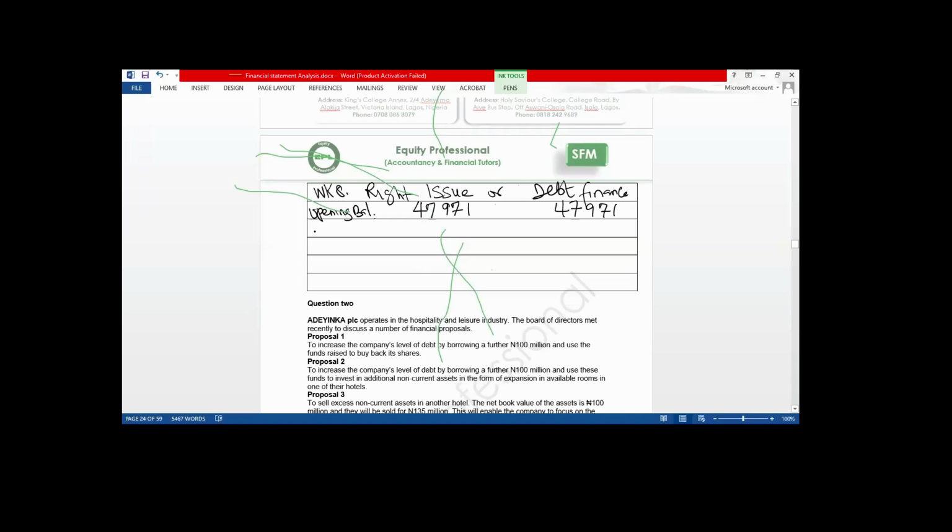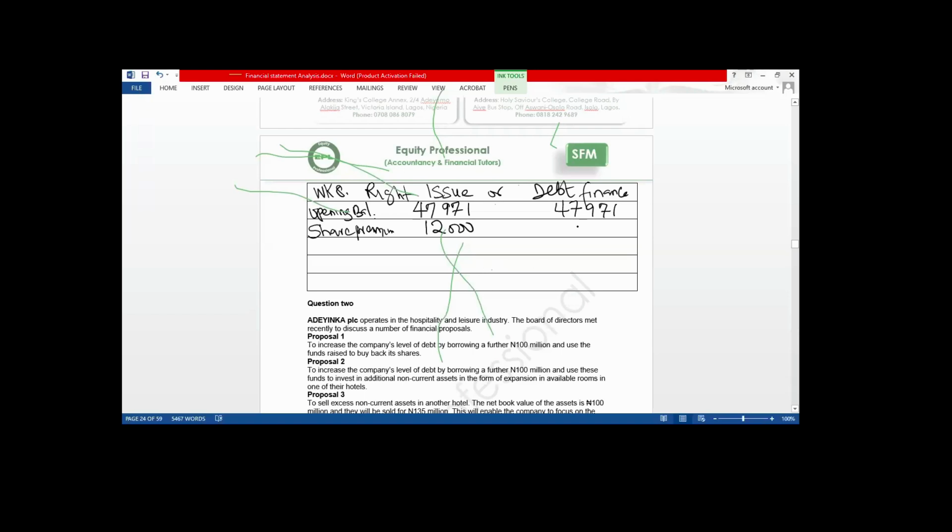We now come here. Share premium. Under rights issue, there's a share premium of 12,000. Your share premium is part of your equity reserve, and that money belongs to equity shareholders.